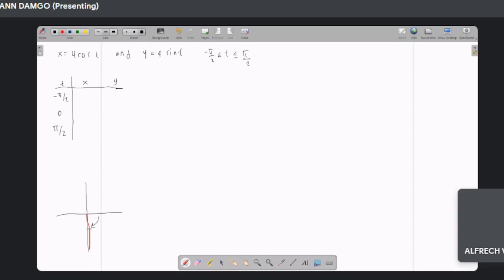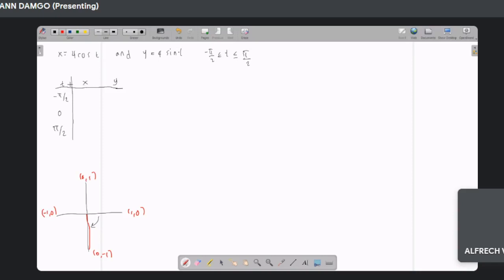So the coordinates here are 0, negative 1. Here is 1, 0, 0, 1, and then negative 1, 0.